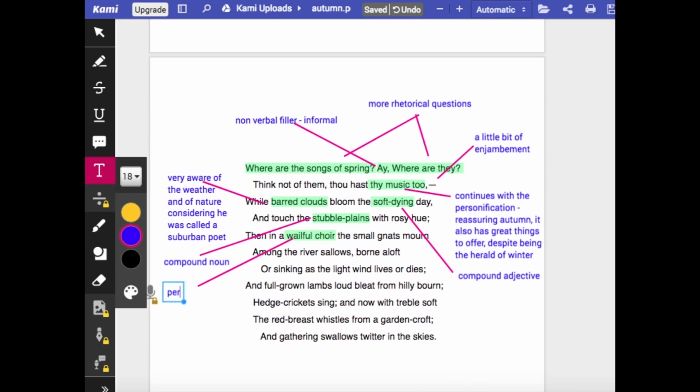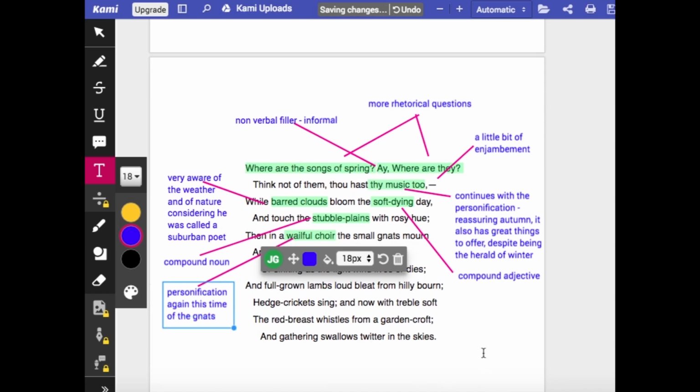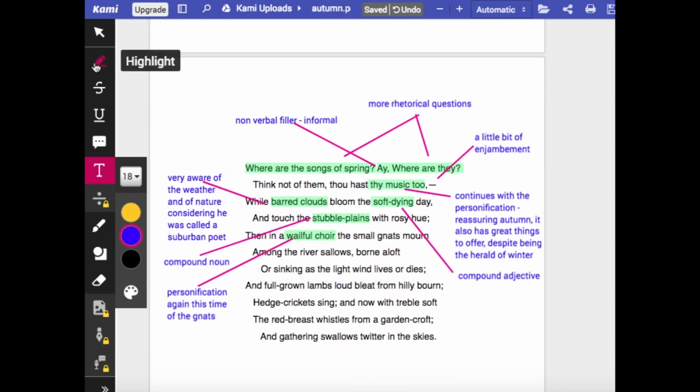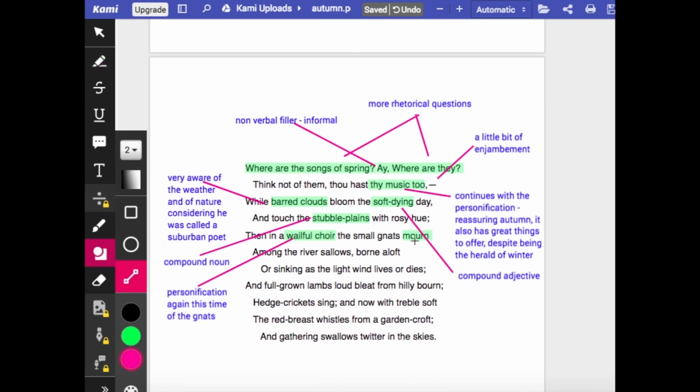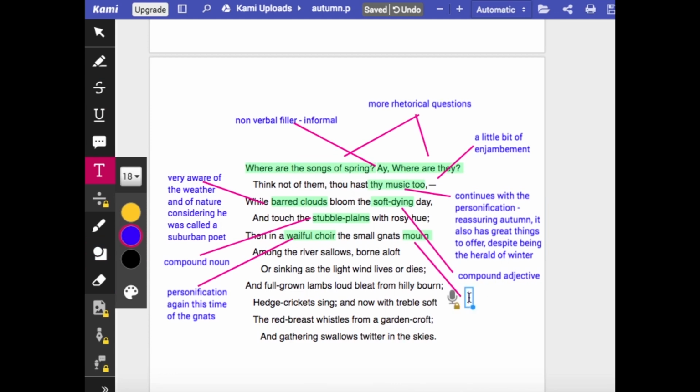It's quite a good personification. The little buzzing sound that they make sounds like mourning, and of course one of them you wouldn't be able to hear, but the choir, the number of them, creates that sound. And of course mourning has that sense of dying. It foreshadows the coming of winter, as does soft dying.